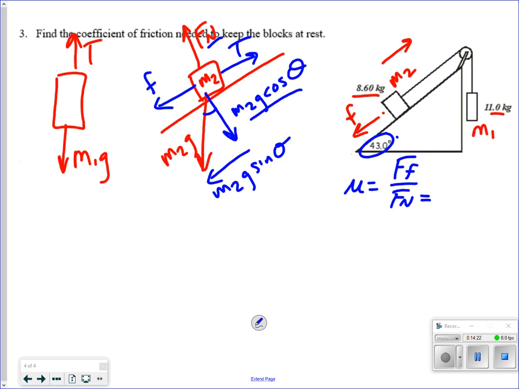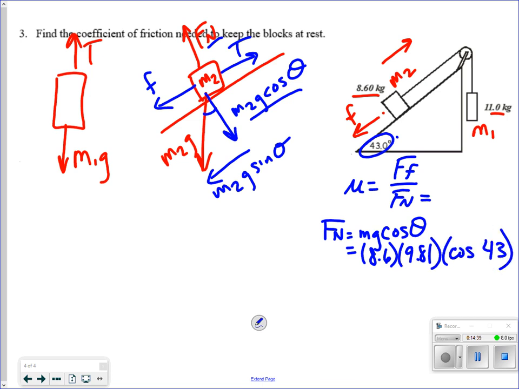So let's find Fn. Fn equals mg cosine of theta. What's our m? 8.6, times 9.81, cosine of 43. Hopefully I did the math here. Nope, sorry, that was for a different part of my question.